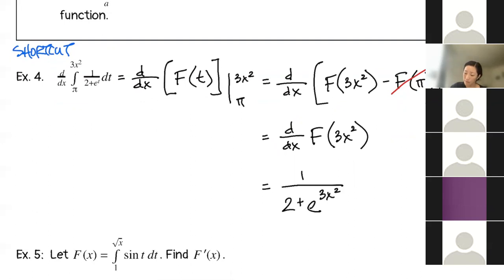Okay. So let's just make sure we've all got where that comes from, that the 1 over 2 plus e to the t, we see that down here, but instead of a t, we have 3x squared. Okay. Now, if we left our answer like this, we would be real mad about it at the end because we would be so close to the perfect answer.